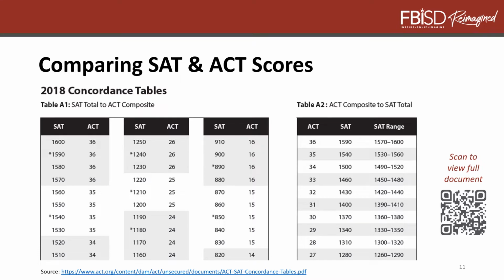So let's say that the student scored a 24 on the ACT and a 1220 on the SAT. The CCR advisor would look at the scores and say, you've done better on the SAT. If another student brought the scores to the CCR advisor and said, well, I scored a 35 on my ACT, but I scored a 1400 on my SAT, the CCR advisor would tell the student that this 35 is much higher than the 1400.